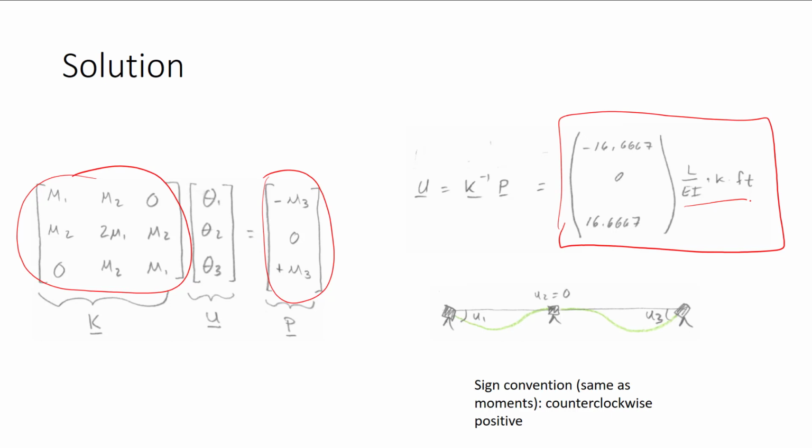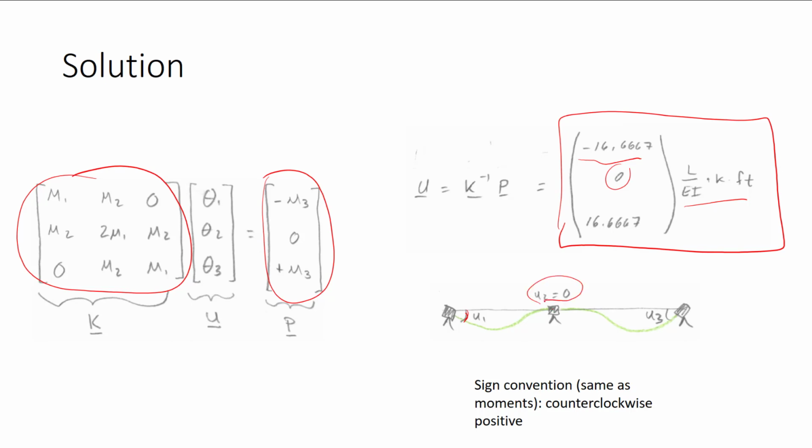Let's talk about what this means physically. U1 is minus 16.7 L over EI kip feet. We use the same sign convention as we did for our moments, so counterclockwise is positive. Because U1 is negative, that means that U1 acts clockwise, and that's what I've shown in the diagram. U2 is 0. That means that this center node does not rotate.